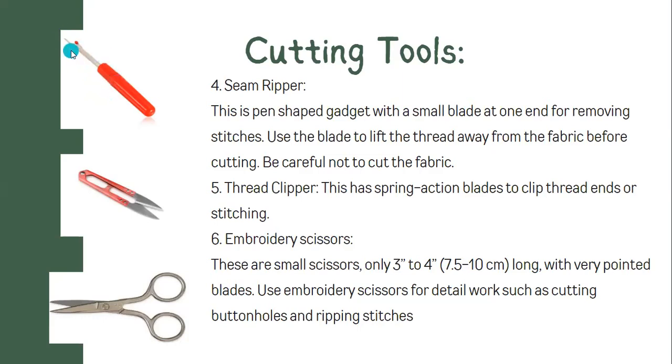It is easier to lift the thread away from the fabric, and it will ensure that the fabric is not cut. If you're using scissors or anything else, there is a chance that it will also cut the fabric. You only need to remove the stitches, so that is what this is called, a seam ripper.